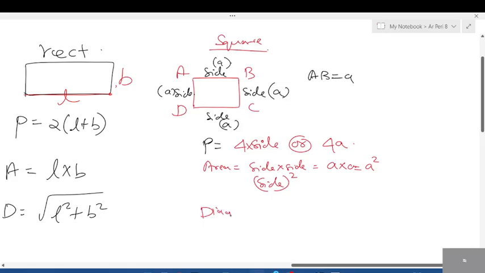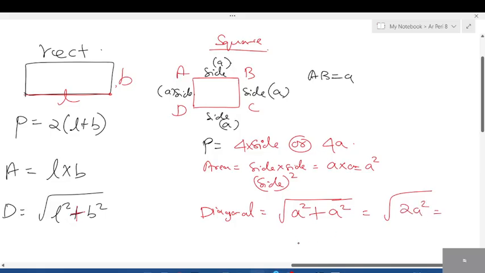Diagonal. For diagonal of a rectangle, it is square root of L square plus B square. What did we do? Didn't we square and add two sides? Even here, let me take two sides. One side is A square, plus the other side A square. These are like terms, and A square plus A square is 2A square.